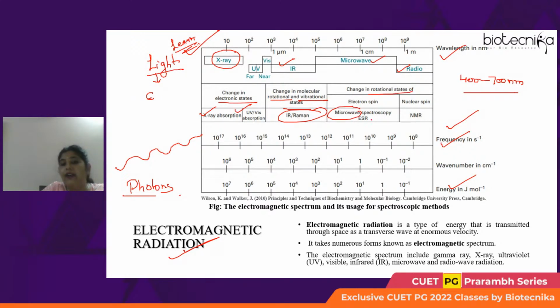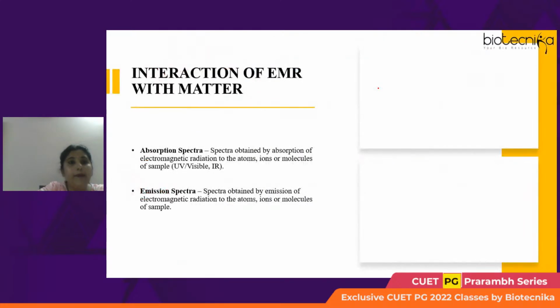Even in ESR, we use microwave. If you want to study electron spin, then also you use microwave. If you want to study nuclear spin, you will use radio wave, and the spectroscopy name is nuclear magnetic resonance. Right? So this particular diagram itself is very, very important.